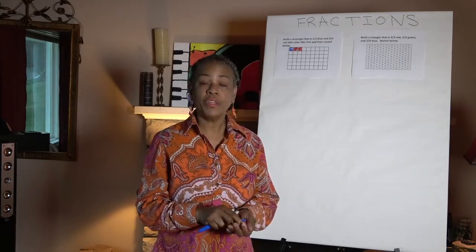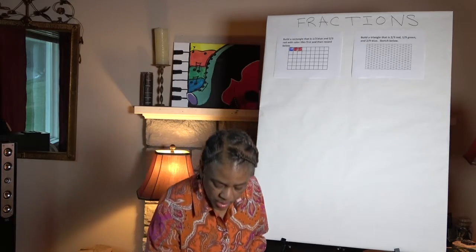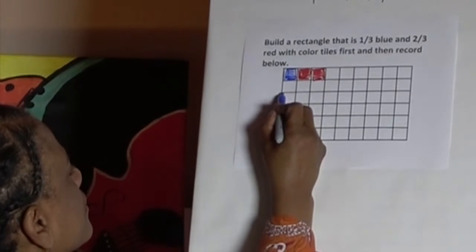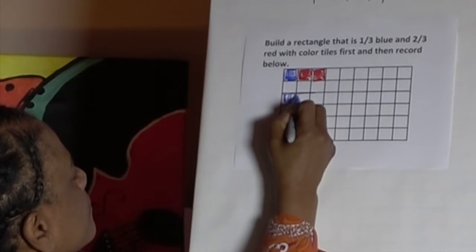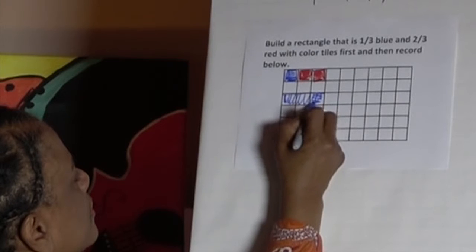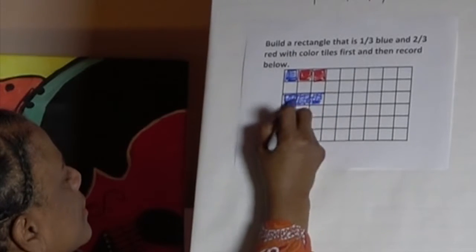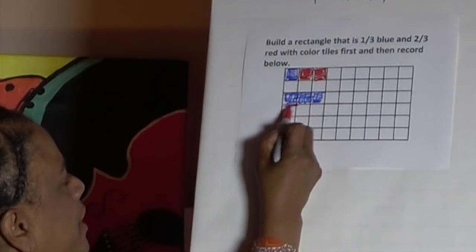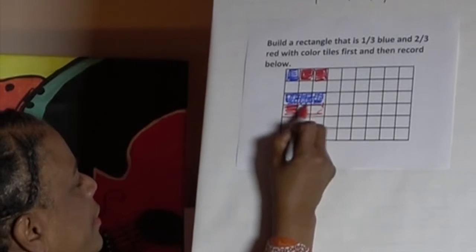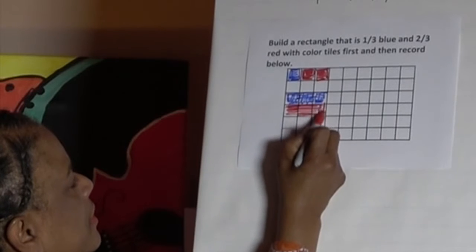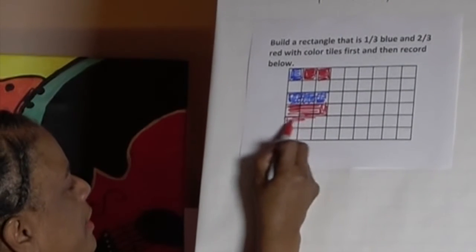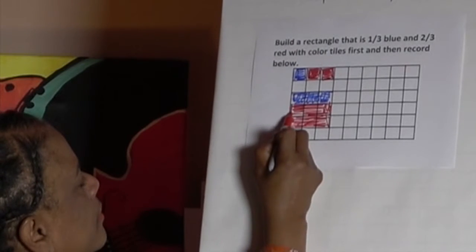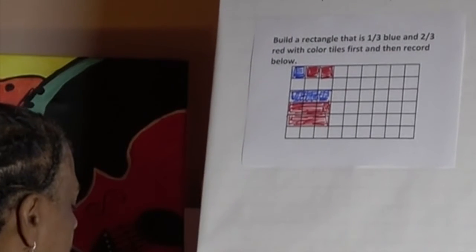And so there might be another student that chooses to do something like this. So they're playing around with their color tiles, and this is what they end up with. And then they color it in. I'm doing it semi-fast, so it's not very neat.